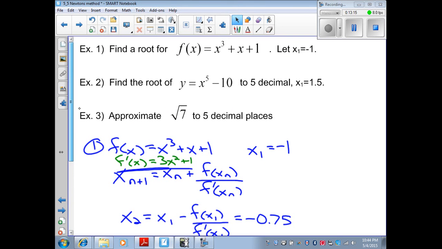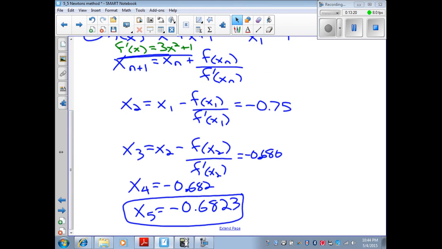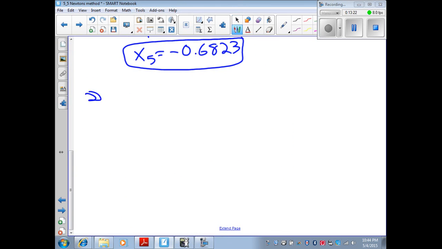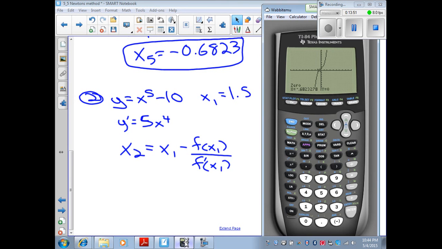for example 2, which is y equals x to the 5th minus 10, and x1 is 1.5. So again, we're going to need the derivative, which is 5x to the 4th. Okay. And if I write out what's going to happen for the first one, it's going to be x1 minus f at x1 over f prime at x1. Let's do that.